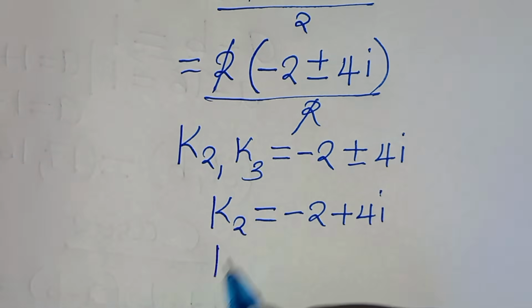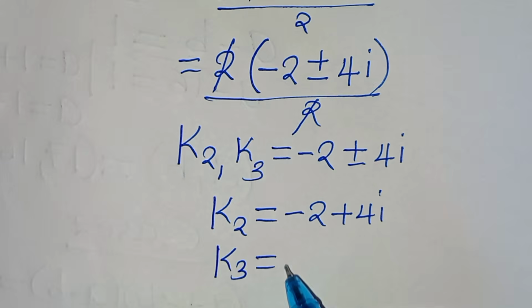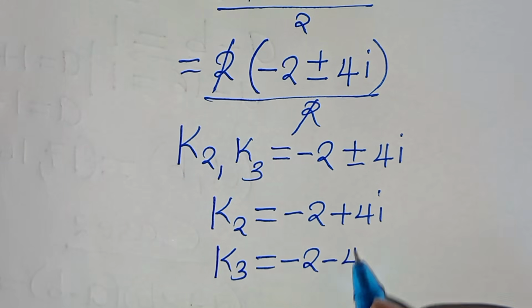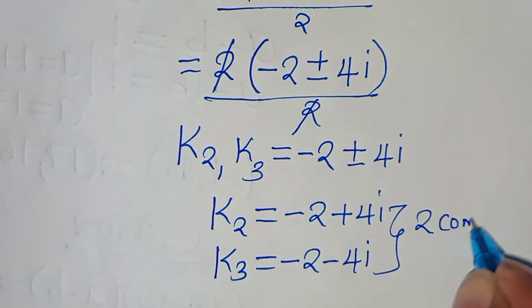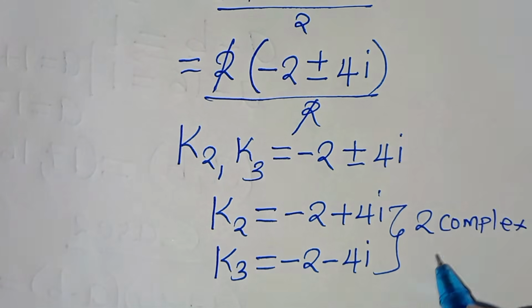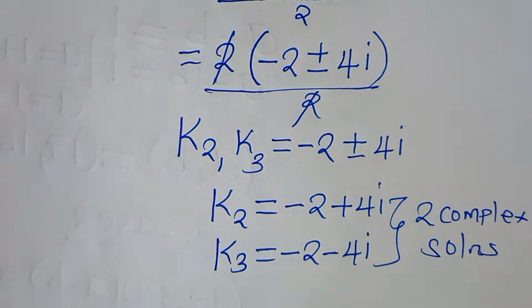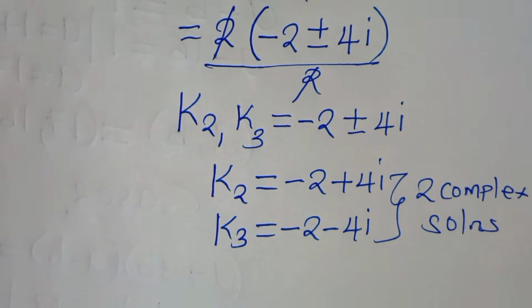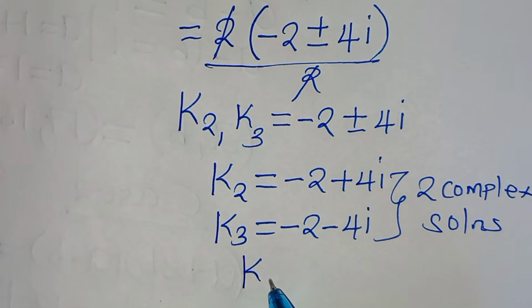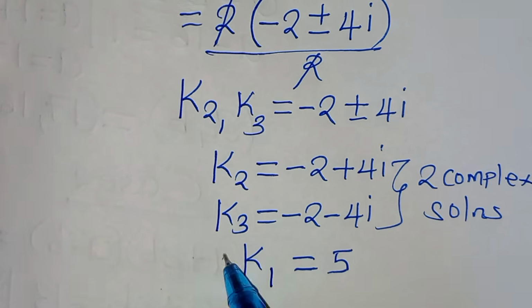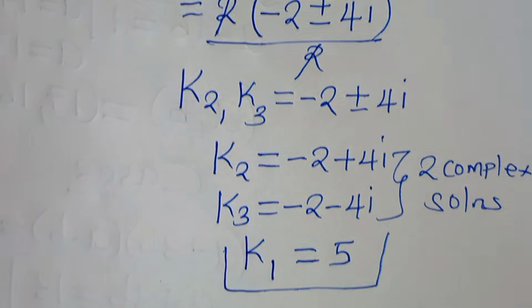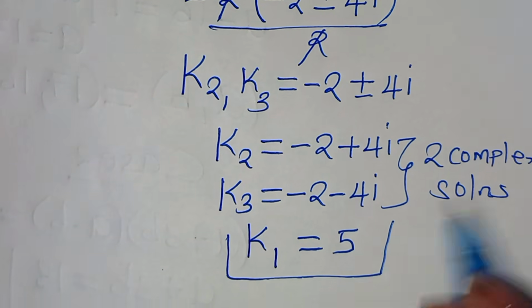Then we have K3 equal to negative 2 minus 4i. So you find that these are two complex solutions for this algebra problem. We only have one real solution here, which is K1, and this is equal to 5. This is the only real solution that we have.